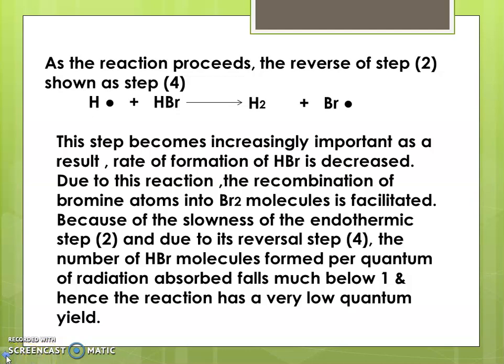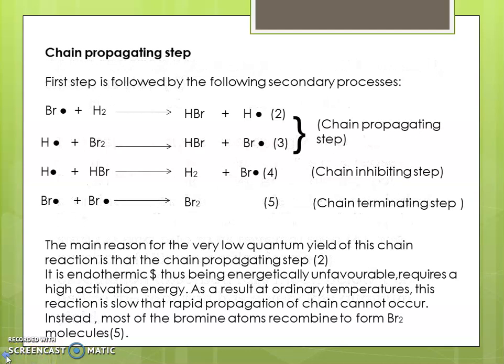From this equation, it is clear that step 4 is the reversal of step 2. Instead of forming HBr, here H2 and Br radical are formed. That is, formation of HBr is decreased.